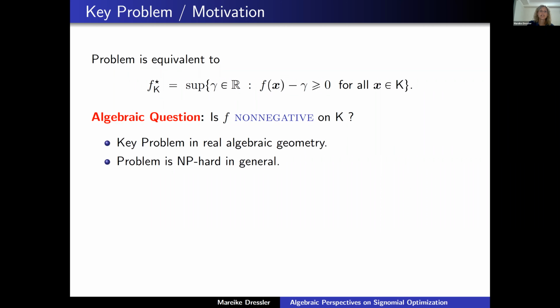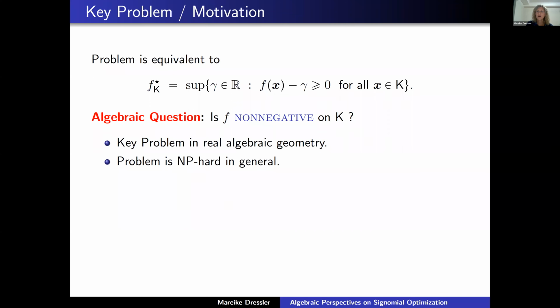And this is actually a key problem in real algebraic geometry. So for instance, for polynomials, it dates back to the 19th century with certain questions of David Hilbert and his 17th problem. Yeah, but unfortunately, this problem is NP-hard in general, since you can cast the well-known positivity problem as such a problem.